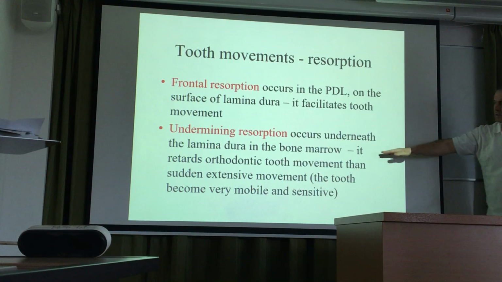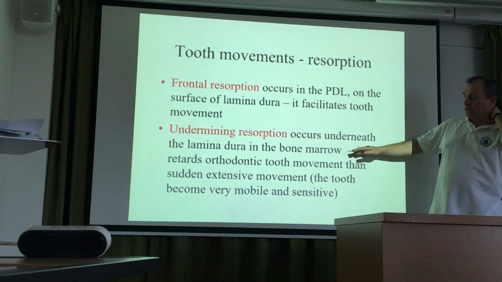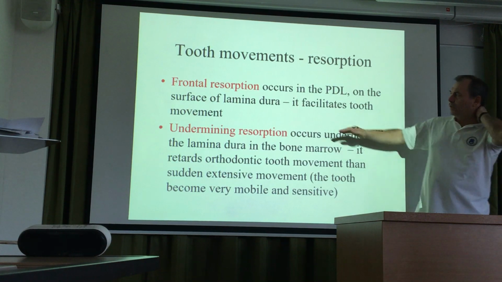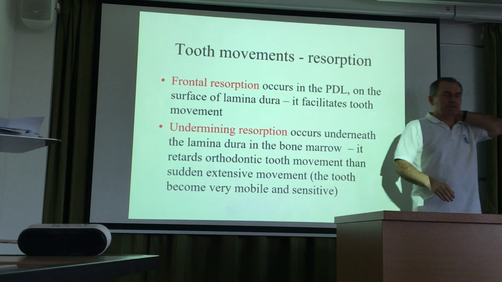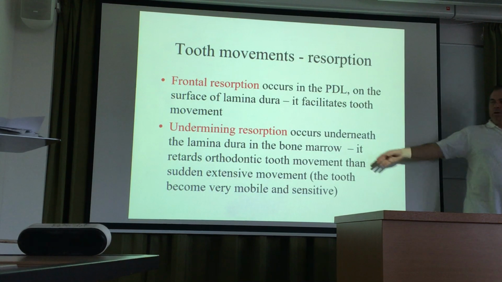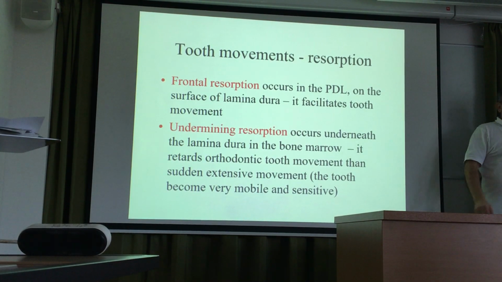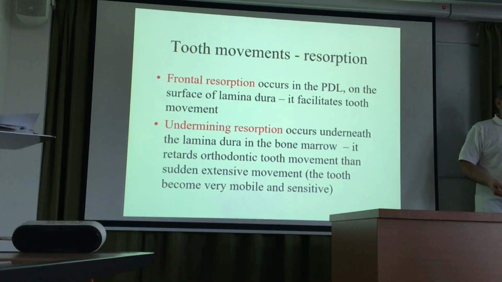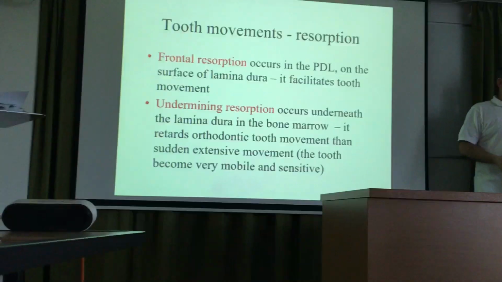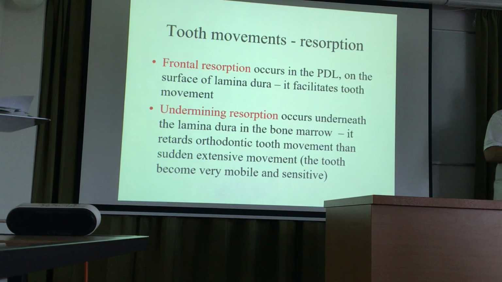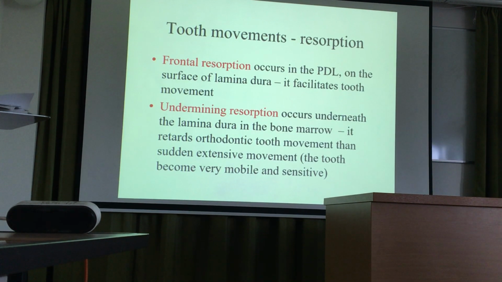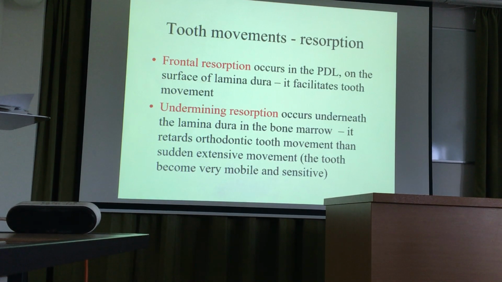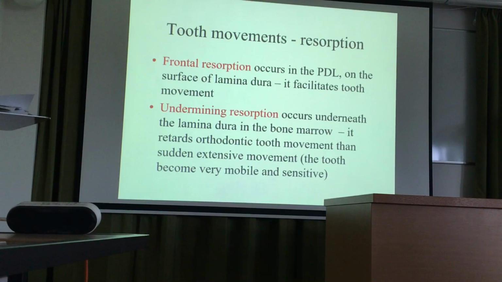In this undermining resorption, you will see that first the tooth is not moving. So in frontal bone resorption, after 2 days, you will see tooth movement. But when you apply too strong forces, you will see that even in a week, you cannot see any tooth movement, because the side of the lamina dura facing the root is not resorbed. Okay?